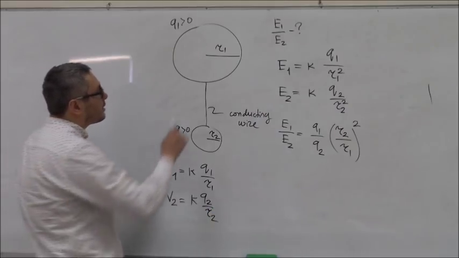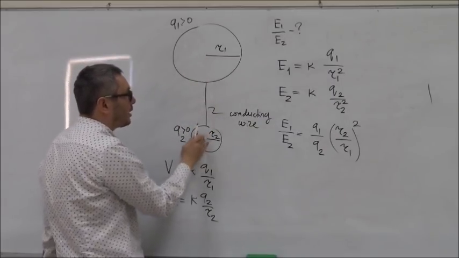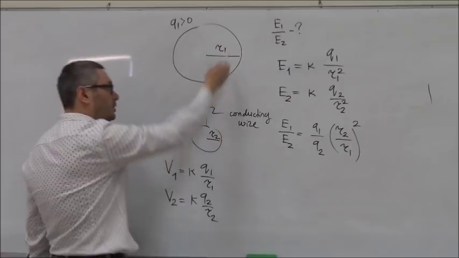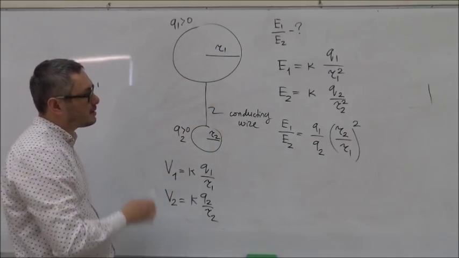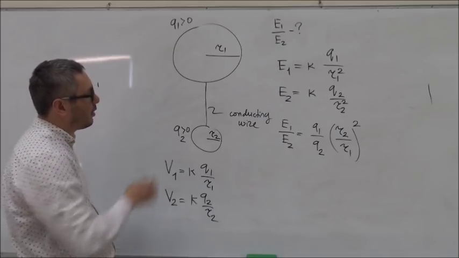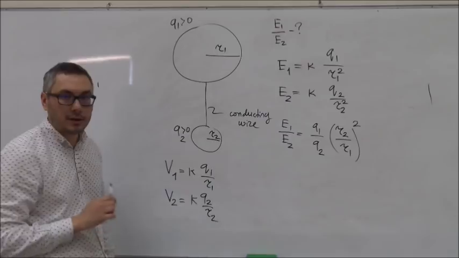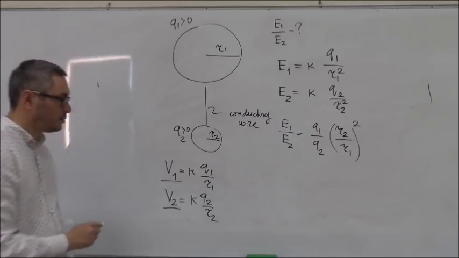However, because this is a conducting wire, and this is a conductor, we can think of this entire system as one single conductor. And because it's a single conductor, electric potential at every point on that conductor is the same. So in other words, V1 is actually equal to V2.